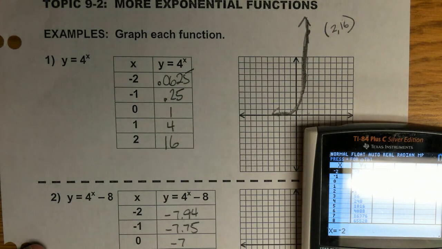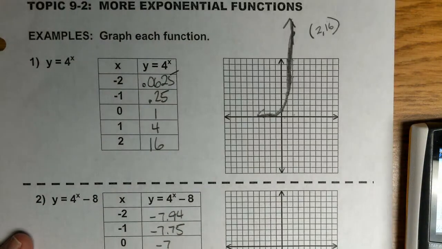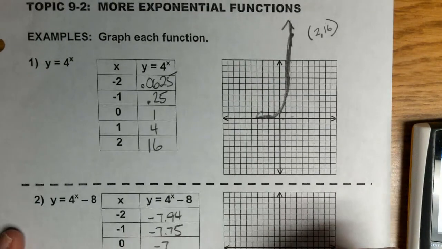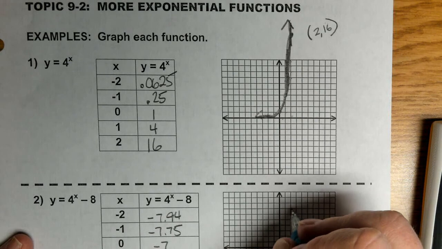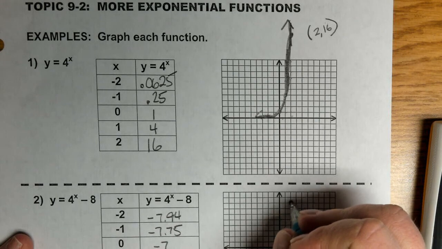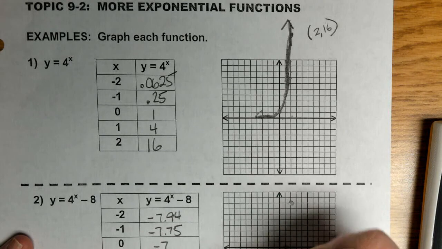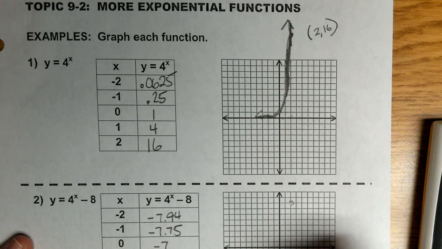So, plot that one. I'm going to start out over here in the positives because it's just so much prettier. 1, 2, 3, 4, 5, 6, 7, 8. And then I have 1 and -4. And then I have 0 and -7.